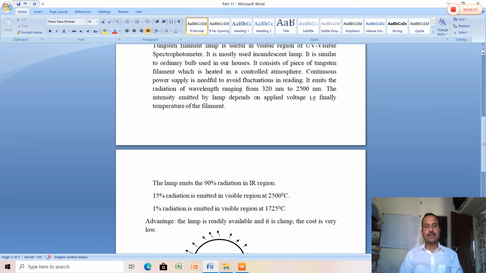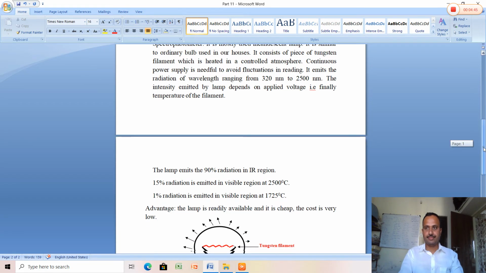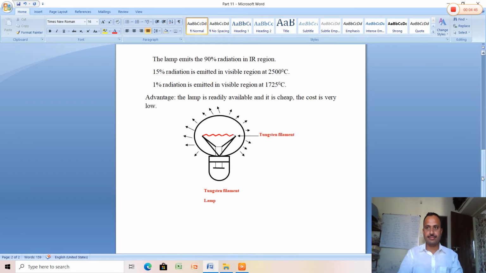I have already said that the maximum radiation of the tungsten filament lamp is found in the IR region. The lamp emits 90% in the IR region.